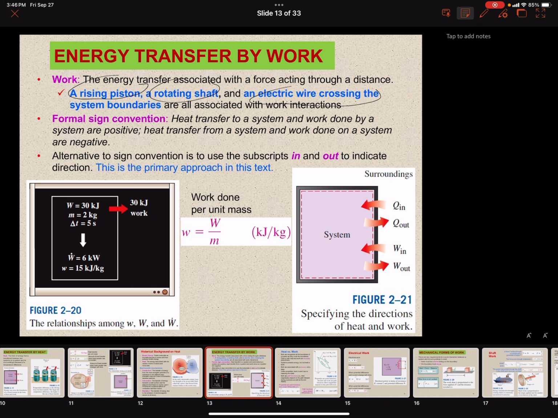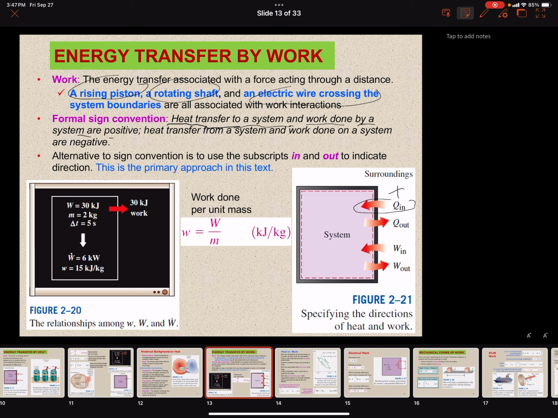The formal sign convention is very important, but maybe it's confusing here. They said heat transfer to a system and work done by a system are positive.